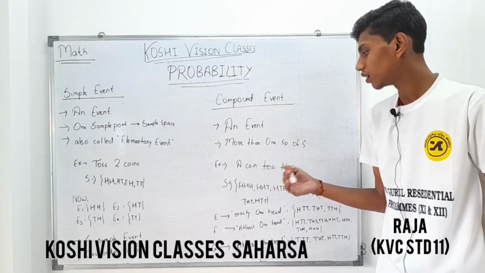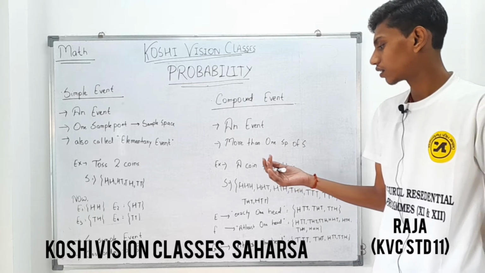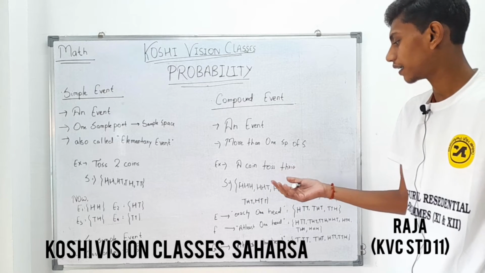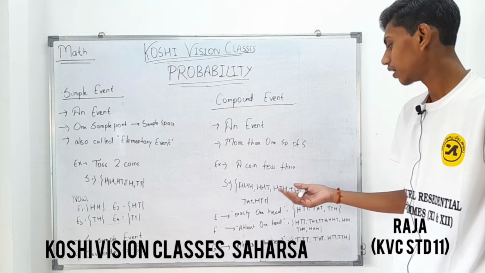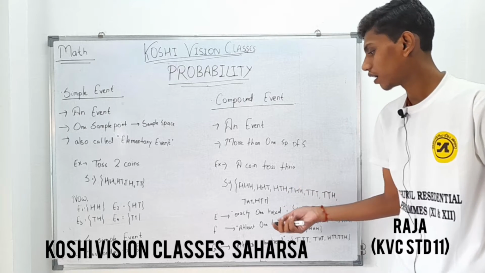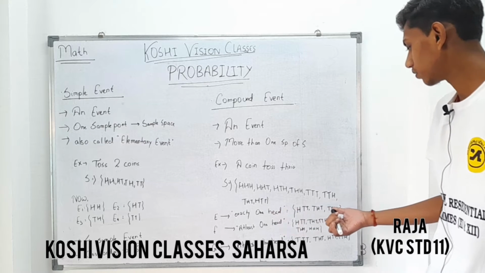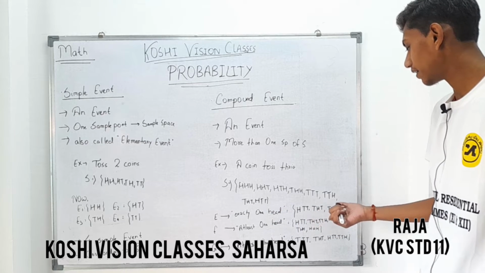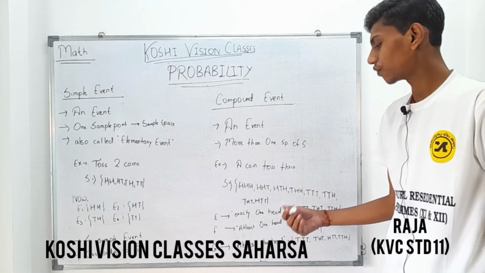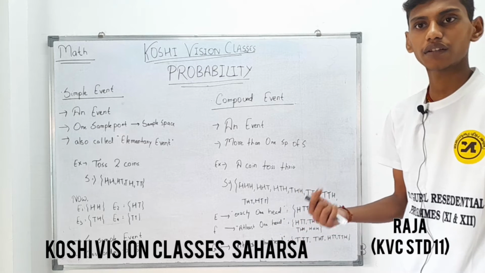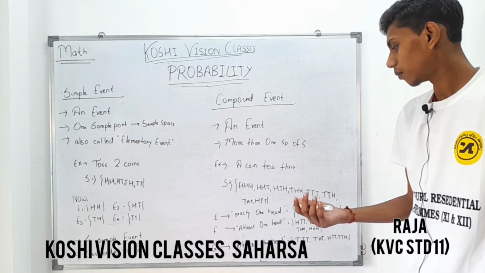Example, when we toss three coins, sample space is equal to head head head, head head tail, head tail head, etc. If E is the event for exactly one head, then this will be HTT, THT and TTH. F is for at least one head. It means we will get one head or more than one head.